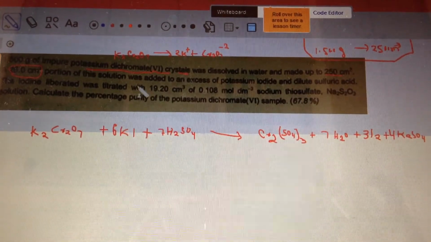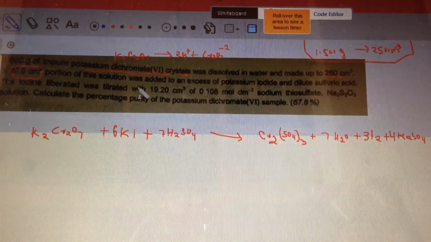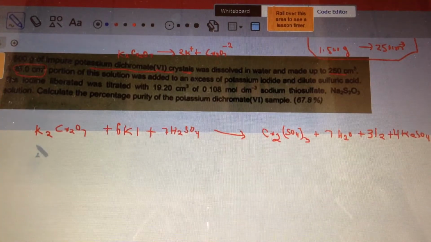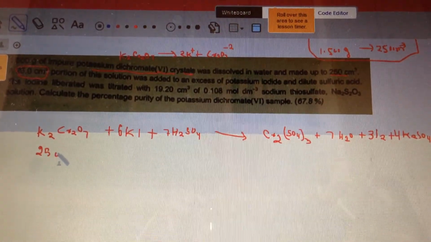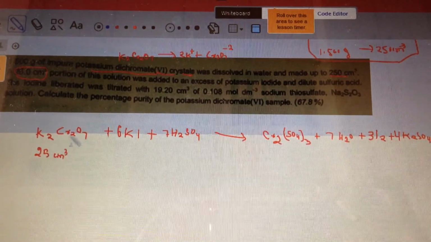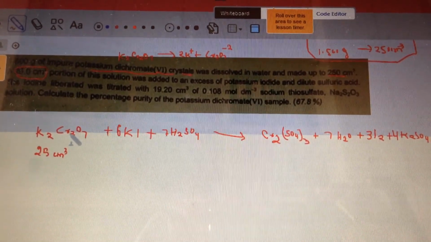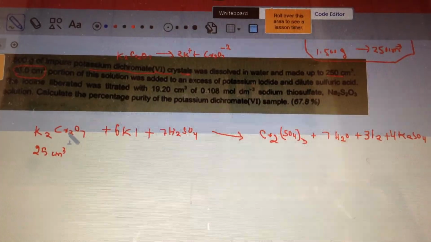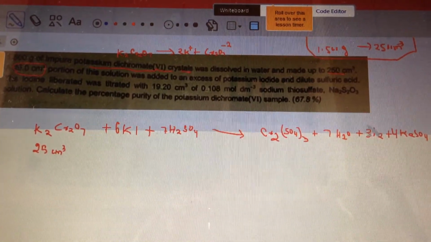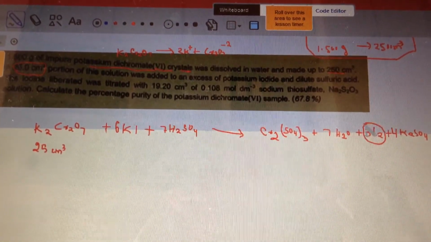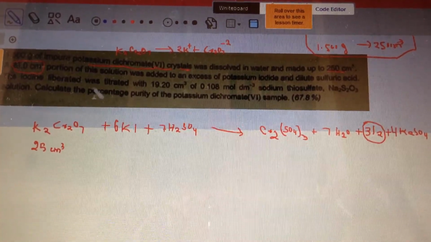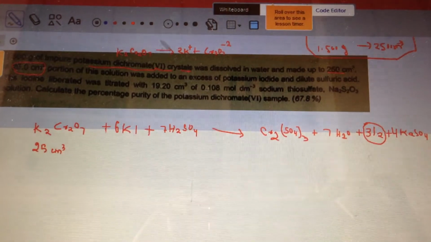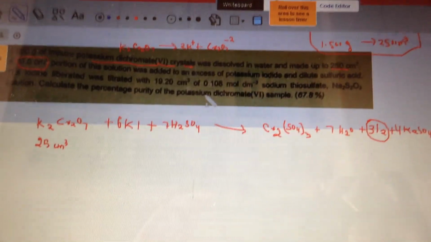So the second part of the question, it says when we reacted the 25 centimeter cubed portion of the solution with the KI and dilute sulfuric acid, we made iodine. So the iodine is I2 that was being made here, and that iodine was actually titrated again with another chemical.